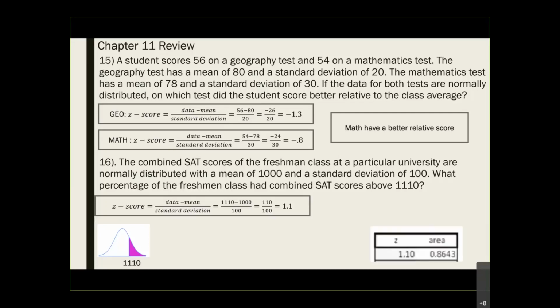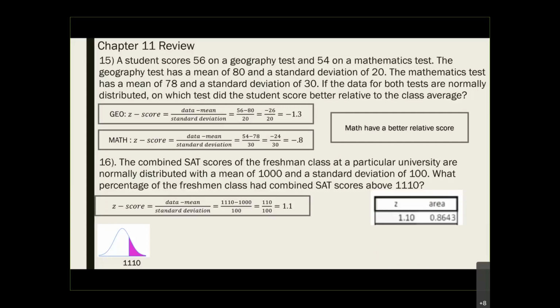So we go to our chart, and the Z-score of 1.1 corresponds to the area, or percentage, of 86.43, or 0.8643. Now the question is, is 0.8643 my answer? Hopefully you guys say no. Why no?